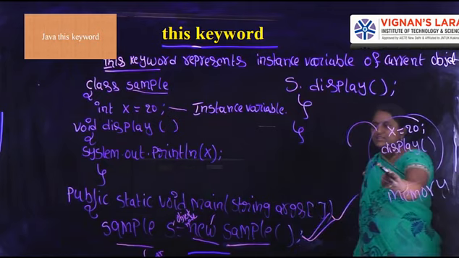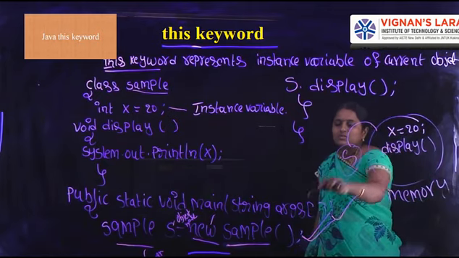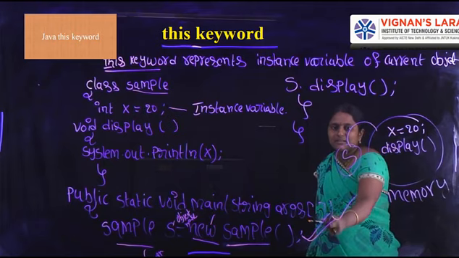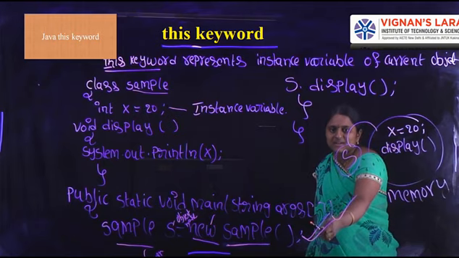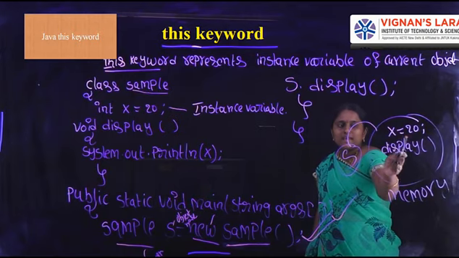In this program the instance variable is x, where x equals 20, and the instance method is display. Our object name is s. Whenever this statement is executed, x equal to 20 and the display method are loaded into memory.